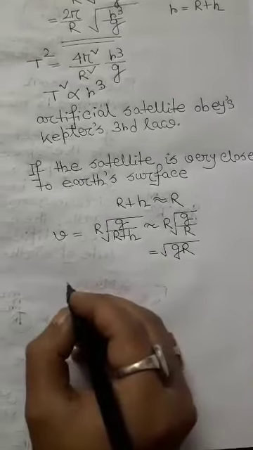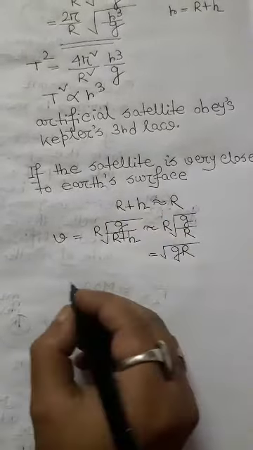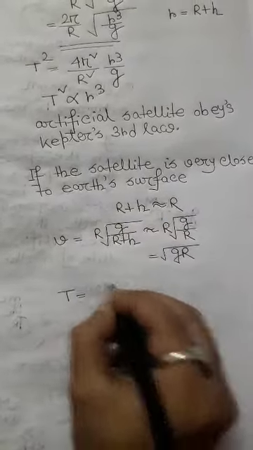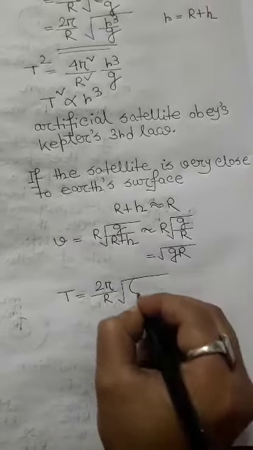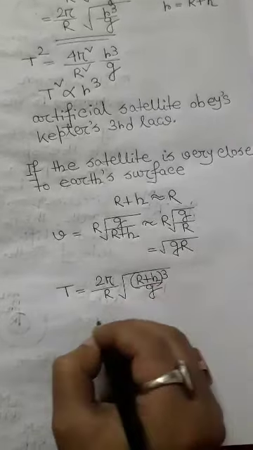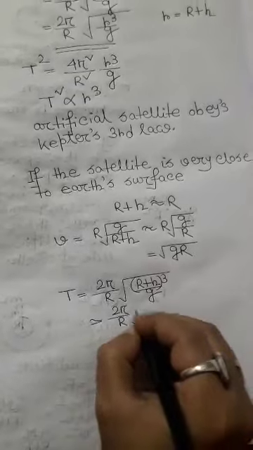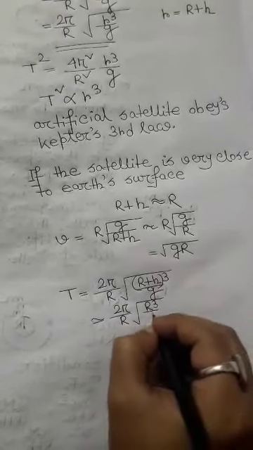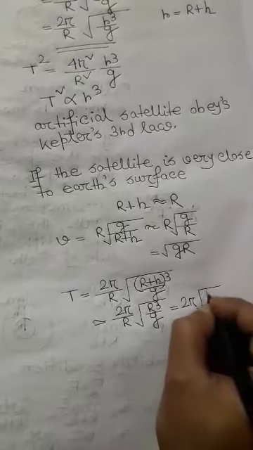Now, if we put this condition in the expression of time period of revolution, then what would it become? That is 2 pi by R into square root of (R plus h) whole cube by g. So we can almost write 2 pi by R into root over R cube by g. So we get 2 pi square root R by g.